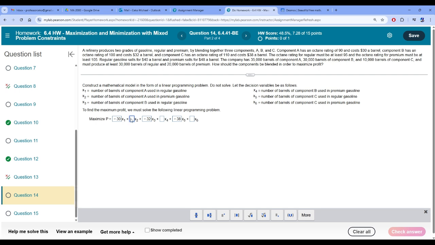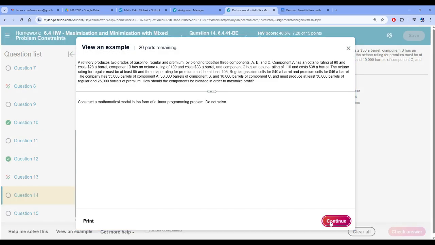Regular gasoline sells for 40. Dang, what am I messing up?